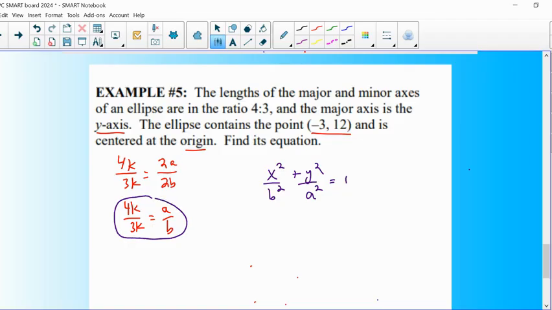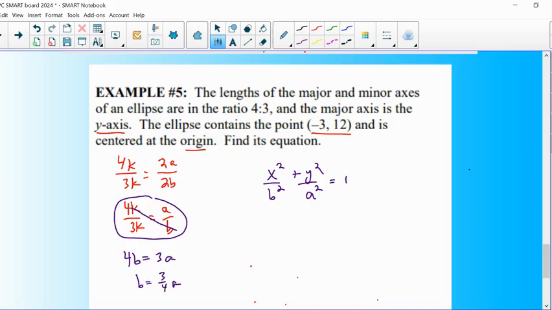And then what I might do is take a look at this, and let's do a little bit of cross multiplication. If I multiply across, our k's would technically cancel, so I could think about that as 4b. I multiply this across equals 3a, and then just realize that b is equal to 3/4 a, right?